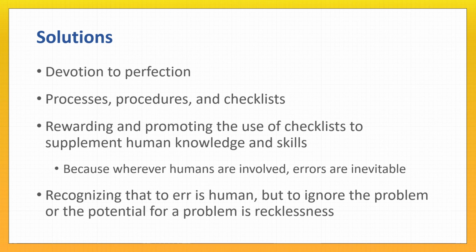Recognizing that to err is human, but to ignore the problem or the potential for a problem is recklessness, which means that all of us are beholden to ensure we follow checklists, we follow processes, and we adhere to them 100%. With that dedication, with that devotion to perfection, we can fulfill our mission, which is to provide the highest quality service in the scientific communications industry.